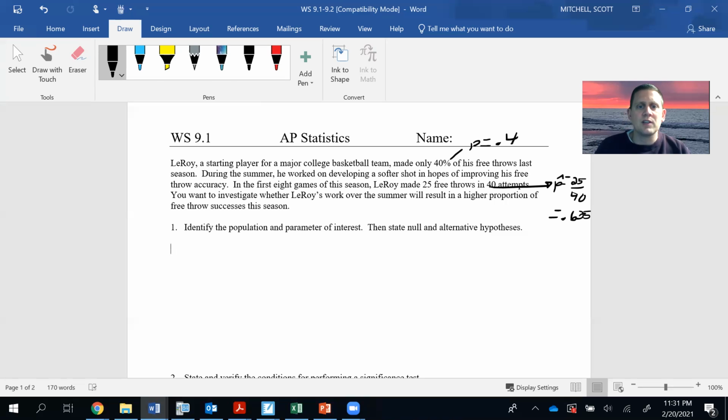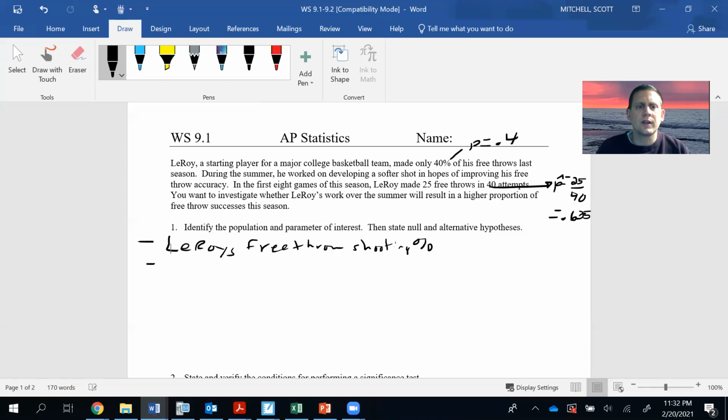So, identify the population and parameter of interest. Our population is Leroy's free throw shooting percentage.